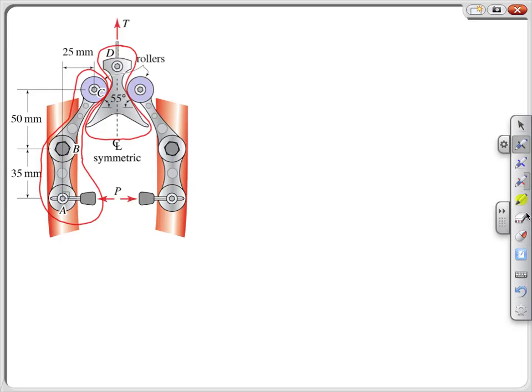So here are our enveloping surfaces that will form the basis for our free body diagrams, 1 for the cam and 2 for member ABC.